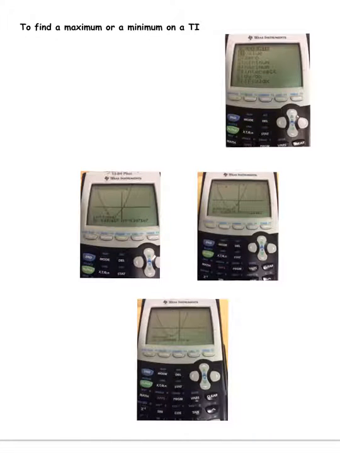Okay, maximum and minimums on TIs require a little bit more work. They're in the same place as intersection, so you'll start at second and trace.